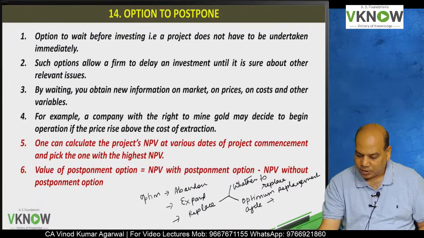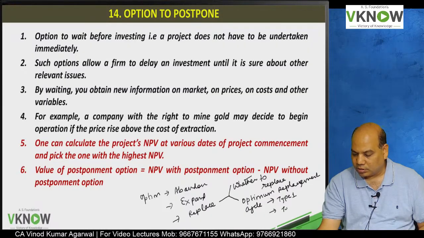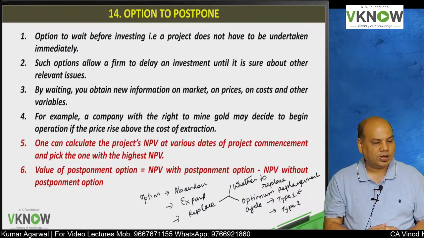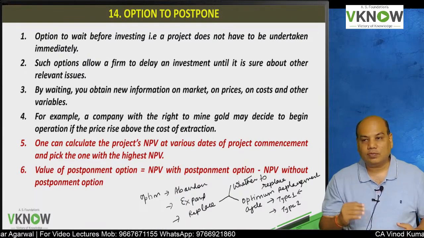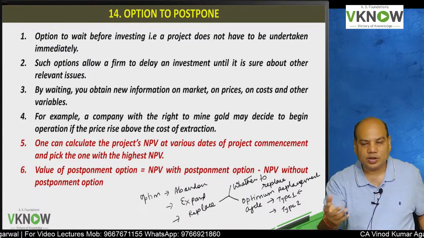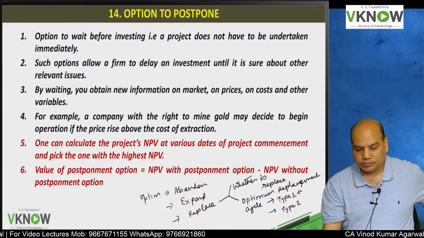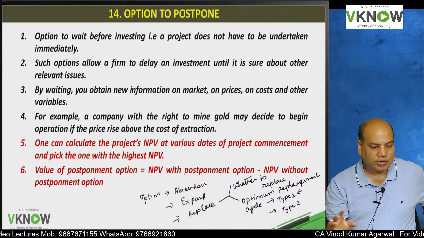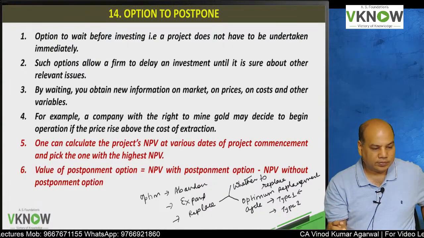Under optimum replacement cycle also we have covered 2 types of problem. Type 1, we find the optimum replacement cycle of any asset, and type 2 is when the existing asset should be replaced by the new one. This area which we have covered is very important for the exam.